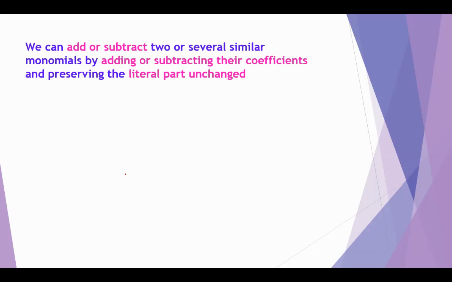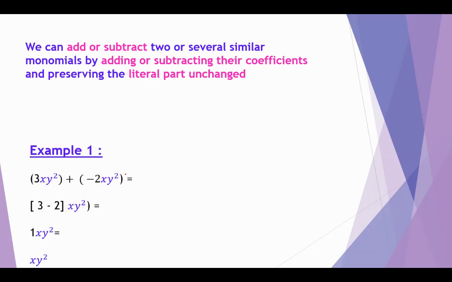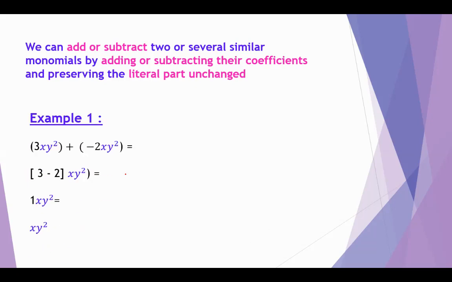We can add or subtract two or several similar monomials by adding or subtracting their coefficients and preserving the literal part unchanged. Example 1: 3xy² plus -2xy² equals.